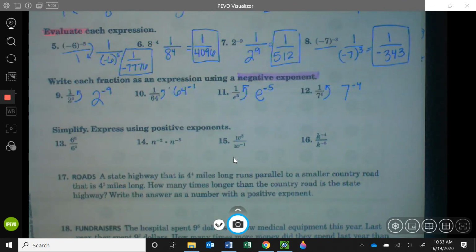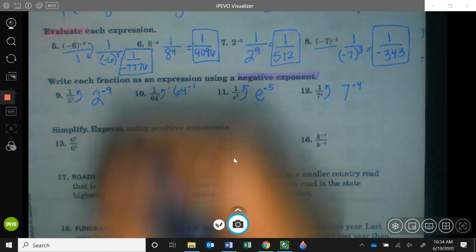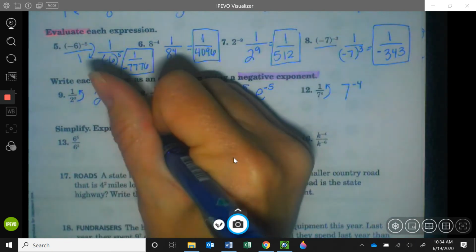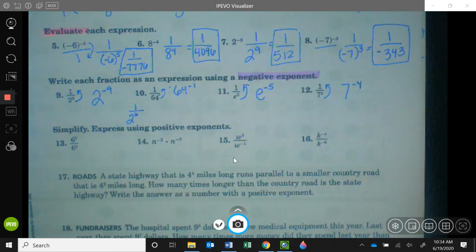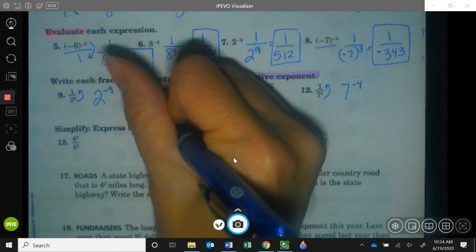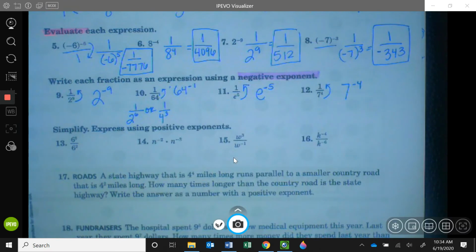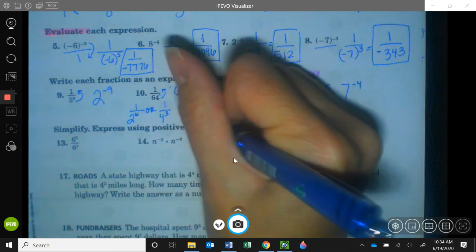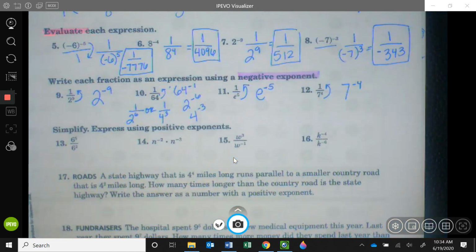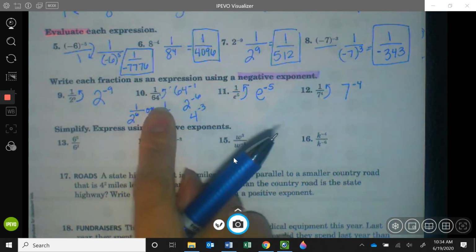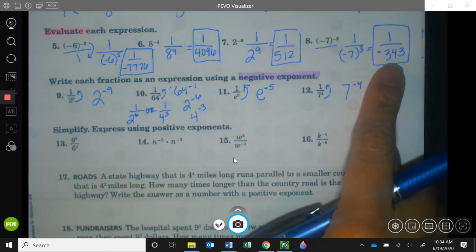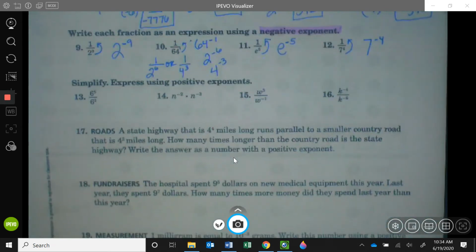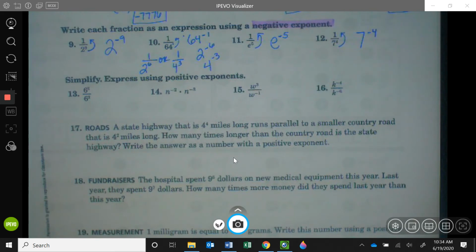So 2 raised to the 6th power is 64. Or 4 raised to the 3rd power is also 64. So a couple of ways that we could write it. So if we change these, I could have 2 to the negative 6 and 4 to the negative 3, and all of them would eventually come out to be 1 over 64, just like we did above. Okay, so either way.